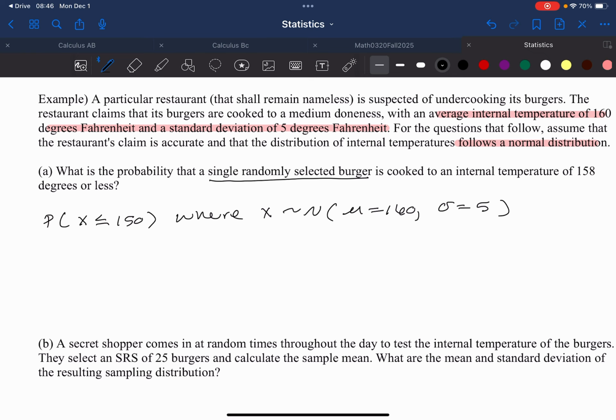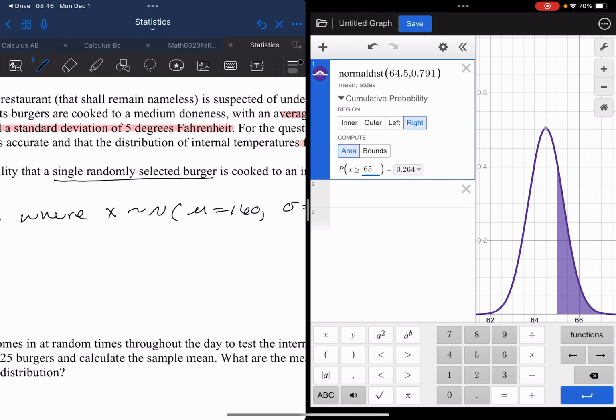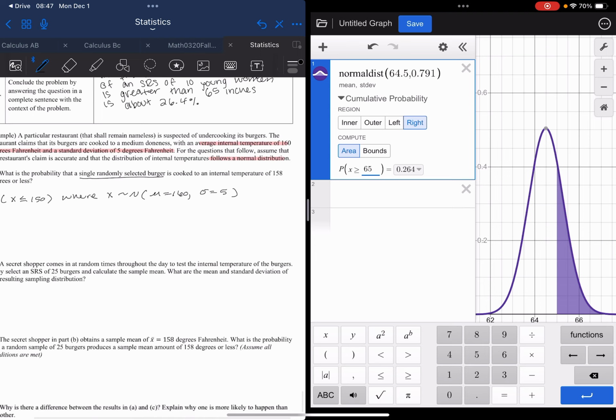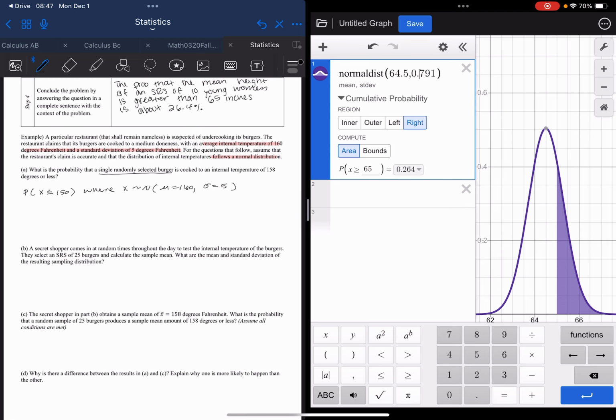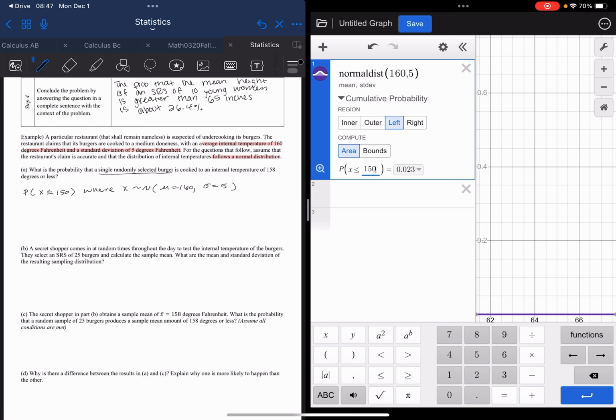Okay, so I would go ahead and open up my Desmos. I'm going to just go up here and change these values. So I have 160, 5, and then less than or equal to, so that's left, 150.